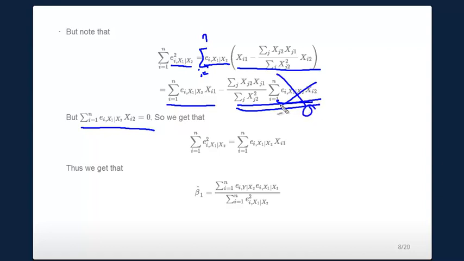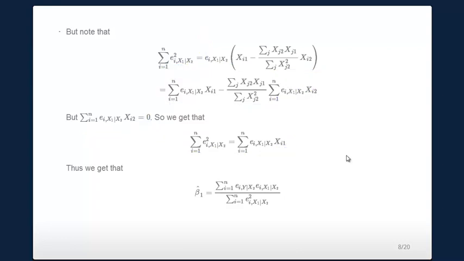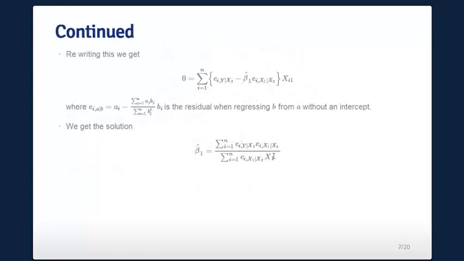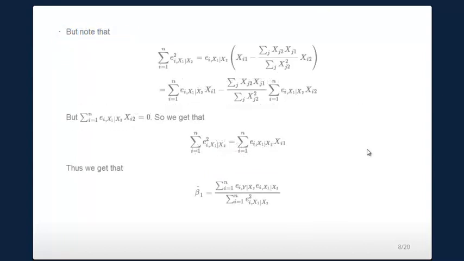So what we get, just plugging into the equation, is that this guy right here is equal to the summation of the residuals times xi1. And so what we can do, going back, is replace this denominator right here with this equation.